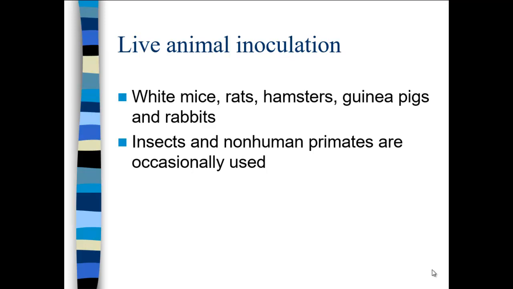Sometimes for the production of like influenza virus, you can inoculate insects or insect culture. And sometimes if it's a research study, although this happens very, very rarely, the virus will be injected into a non-human primate just to understand what is the effect on the primate, because a primate is a good model of human physiology.